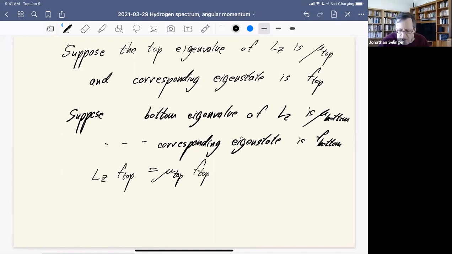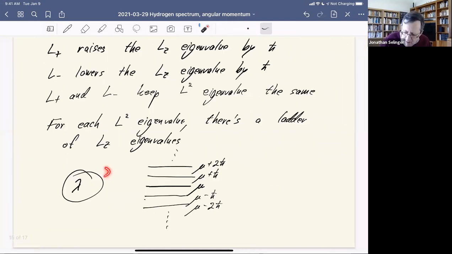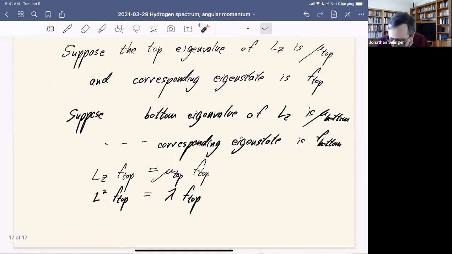We also know that L squared acting on F top is lambda F top, because all of these states have the same L squared eigenvalue lambda. And what else? We know the top state is on the top.